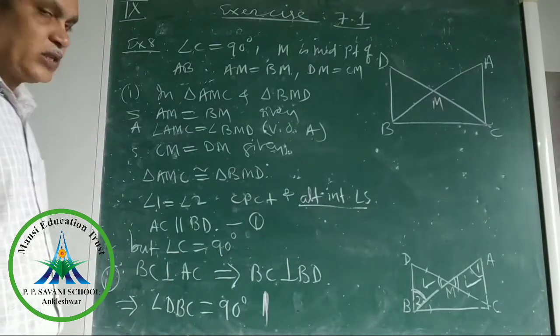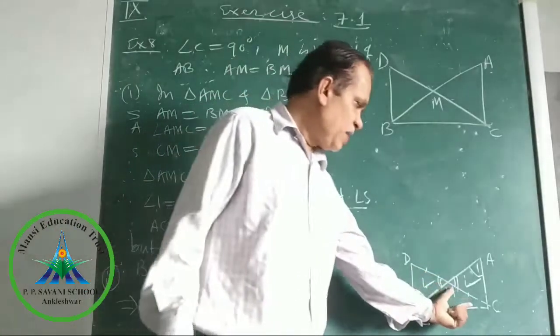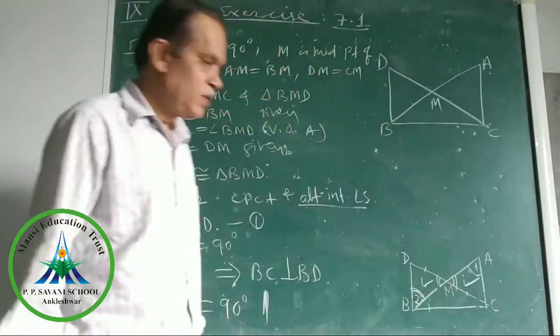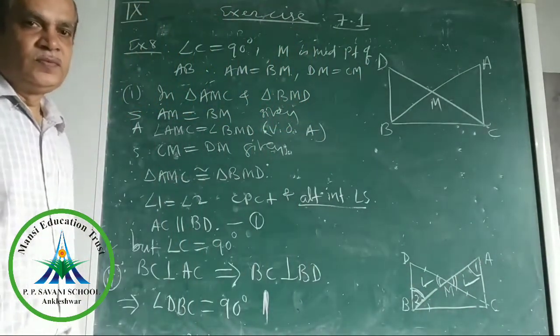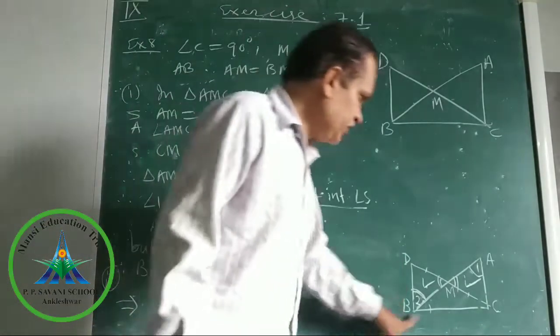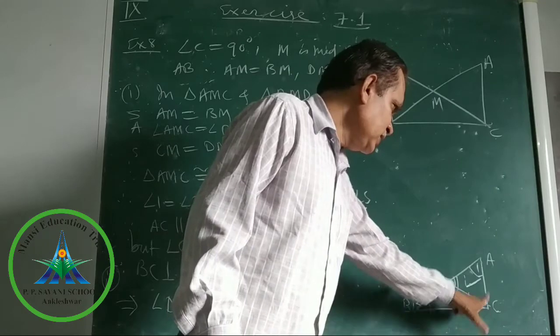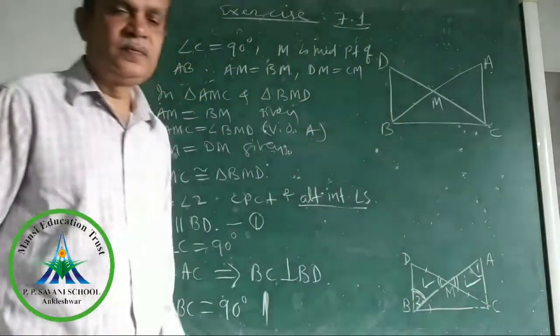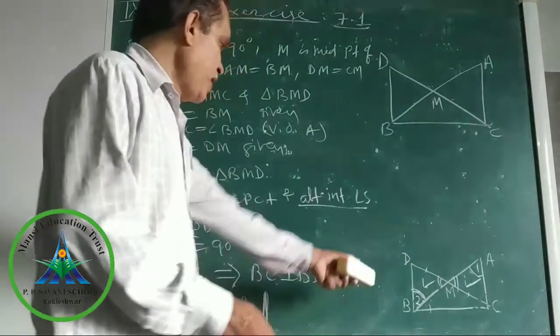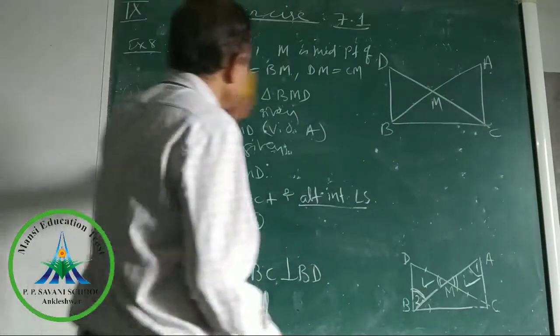Now they are asking us to show that CM equal to half AB, or so that triangle DBC is congruent to triangle ACB. Now see, we are taking the third part.